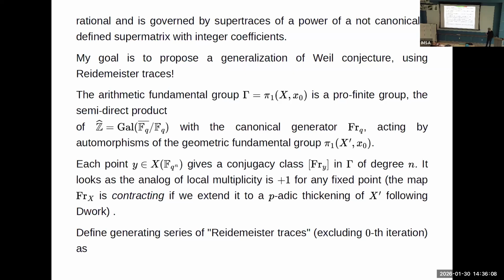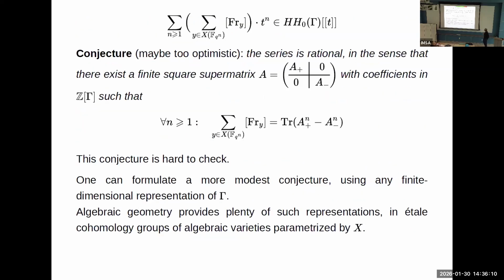And for the Reidemeister trace for 0 iterations, one can get an idea from topology what it will be, some integer. And for nth iterations, in a geometric series, what will it be? It will be all integers starting from 1 to infinity.